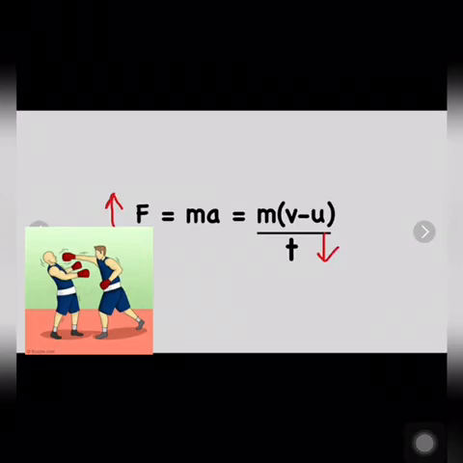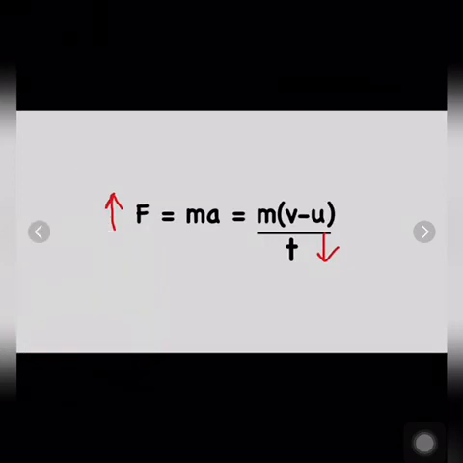So the force exerted by the other player will be less on his face. When he moves his head backward, the change in momentum of the punch of the opponent takes place in a large interval of time. That is, it increases the time, and hence the impact of the punch, that is the force on the face of the boxer, is very less.